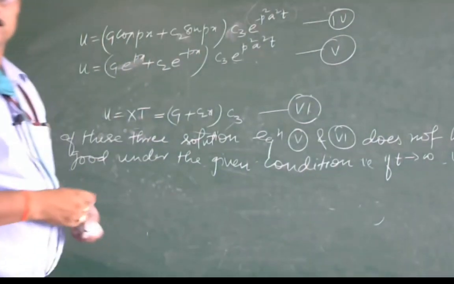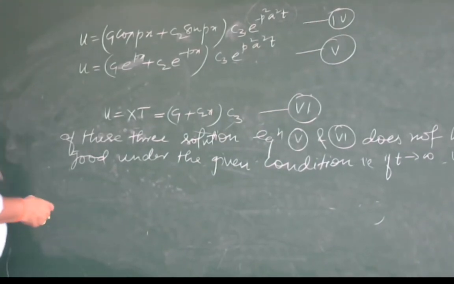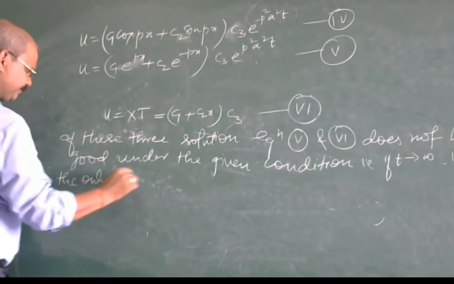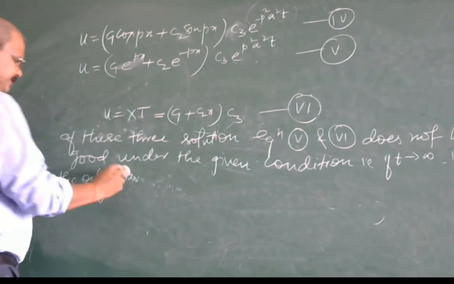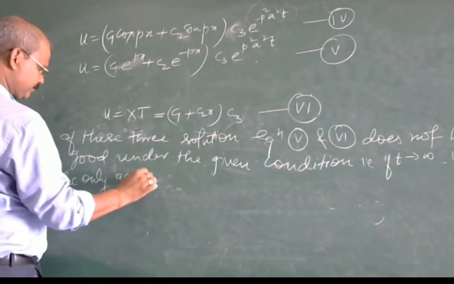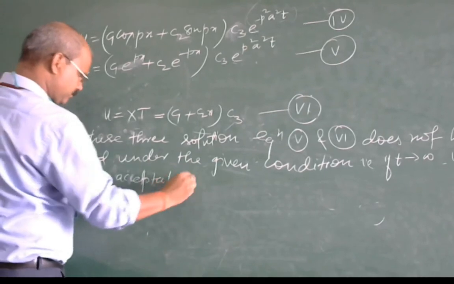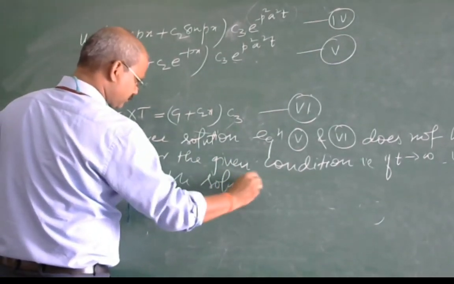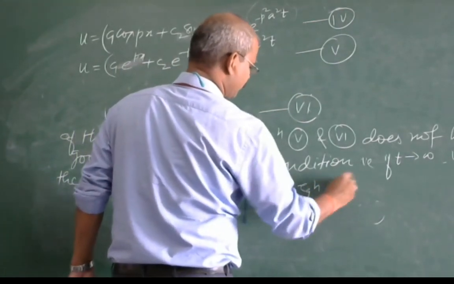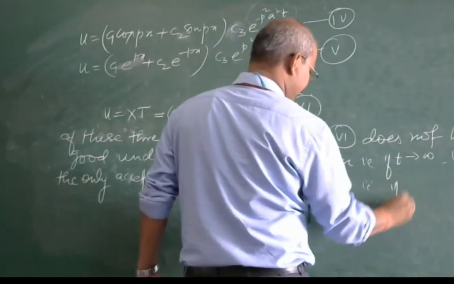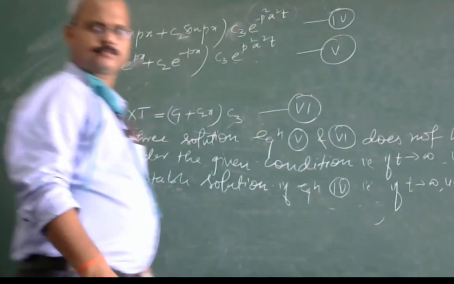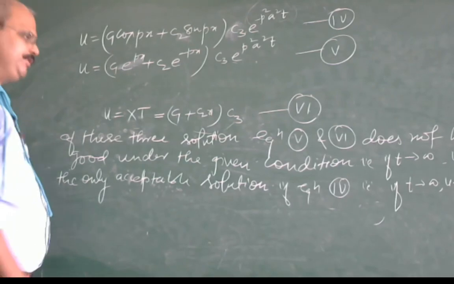Okay students, now the only possible solution, only acceptable solution is equation 4, that is if t tends to infinity, u should be 0.